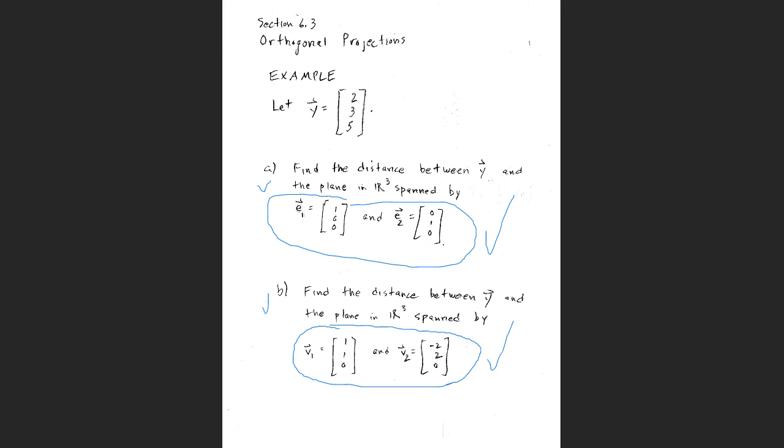Part B, those vectors, what axes go through the plane in part B? Let me rephrase it. In part A, you have vectors E1 and E2.